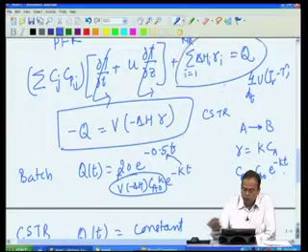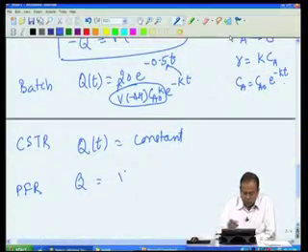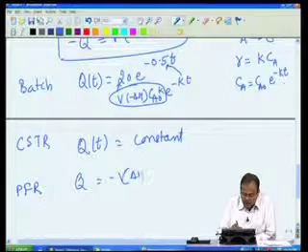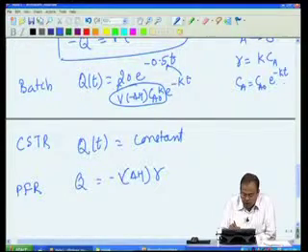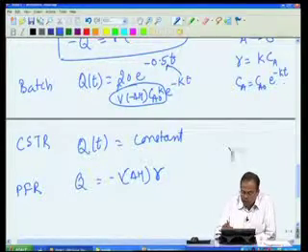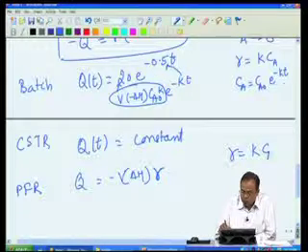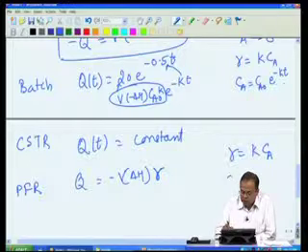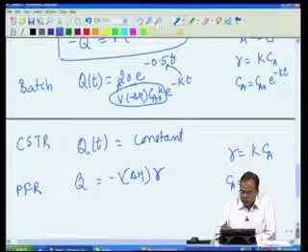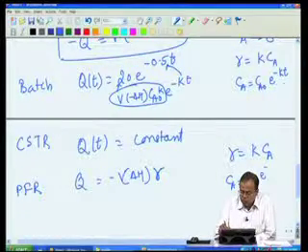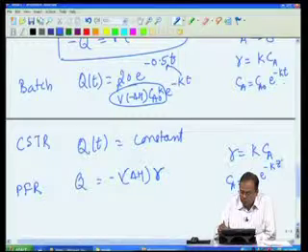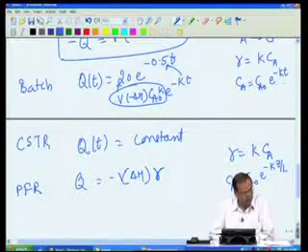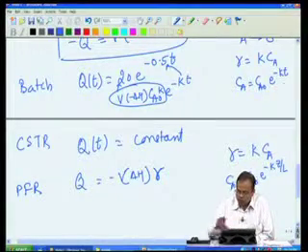So, Q is minus delta H into R, once again k into Ca, but for a tubular reactor, Ca is Ca0 e raised to minus k Z by U, where Z is the length coordinate of the reactor.